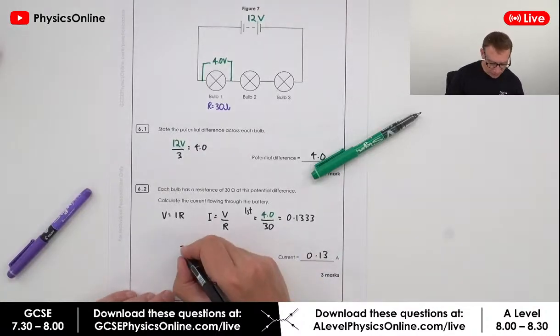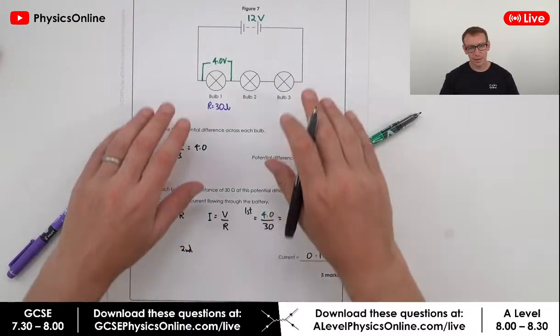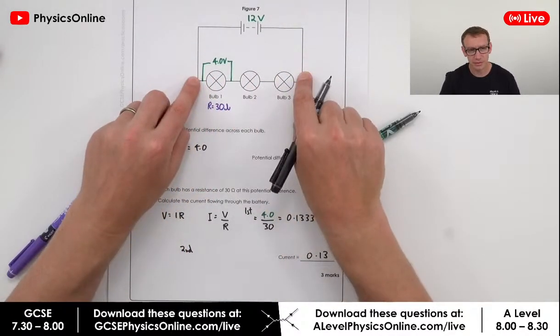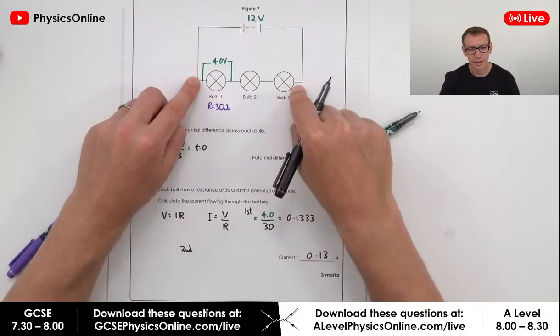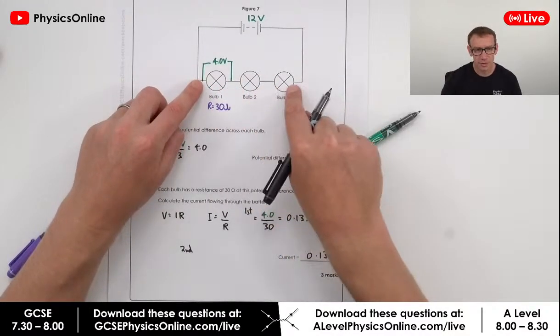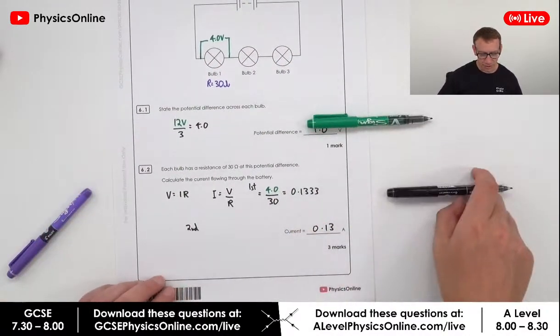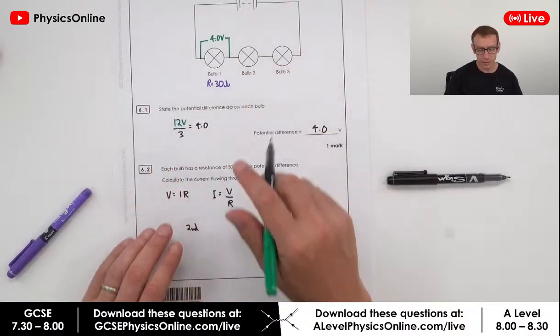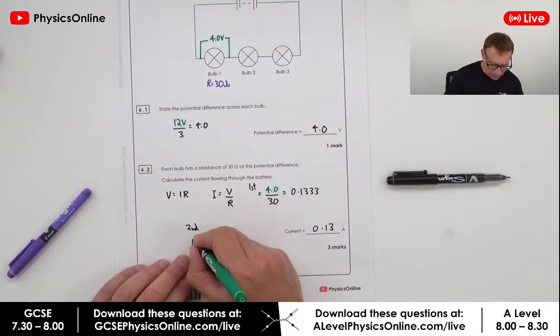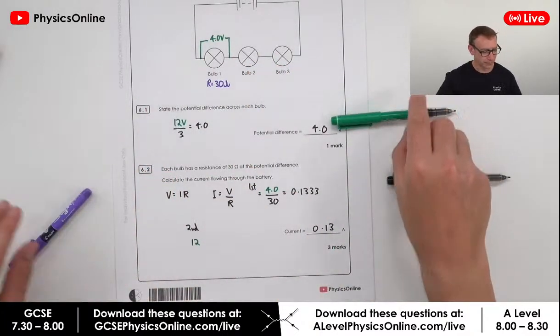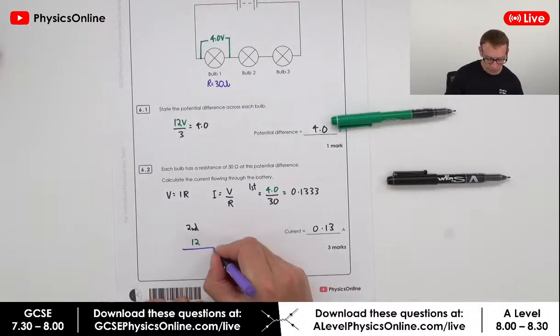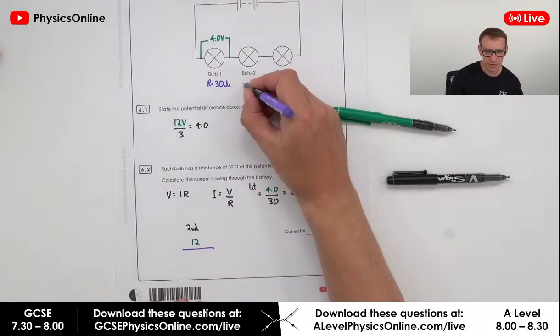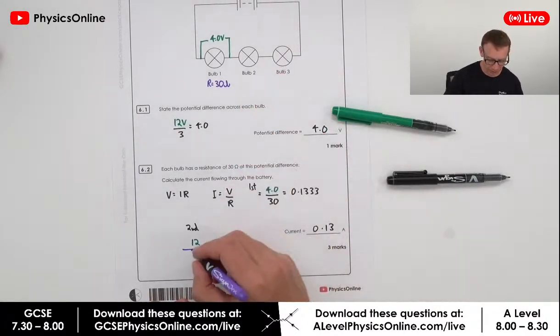Now, the second way of doing it is by thinking about the total potential difference across all of these light bulbs, and also the total resistance of all of these. So the second way is to say, okay, between these 3 lamps, we've got a total of 12 volts across them all. Now, their combined resistance is going to be equal to 30 plus 30 plus 30.